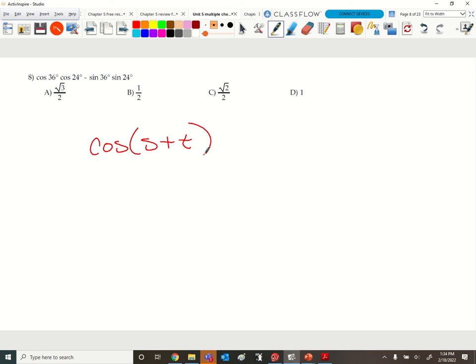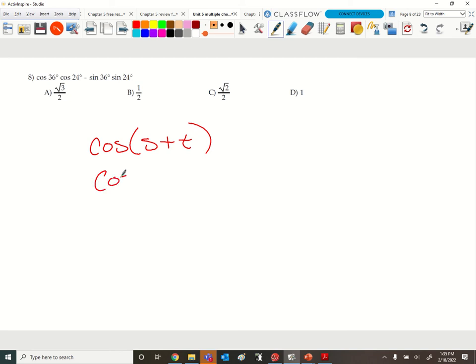There it is. It says cosine, cosine, minus. Which one's cosine, cosine, minus? That gives you that. This is cosine, cosine, plus. That gives you that. So, we're adding the s and t.